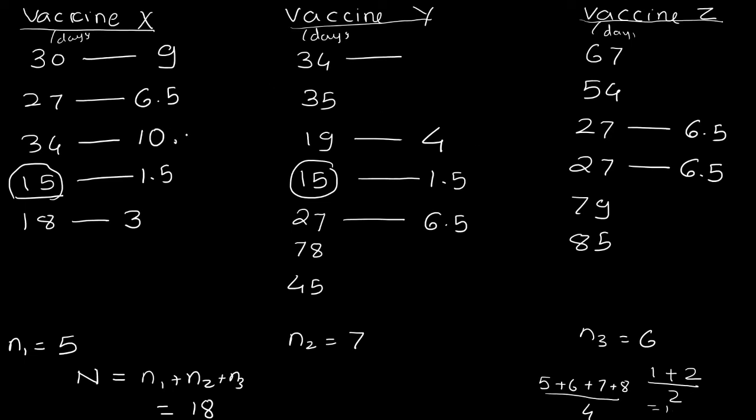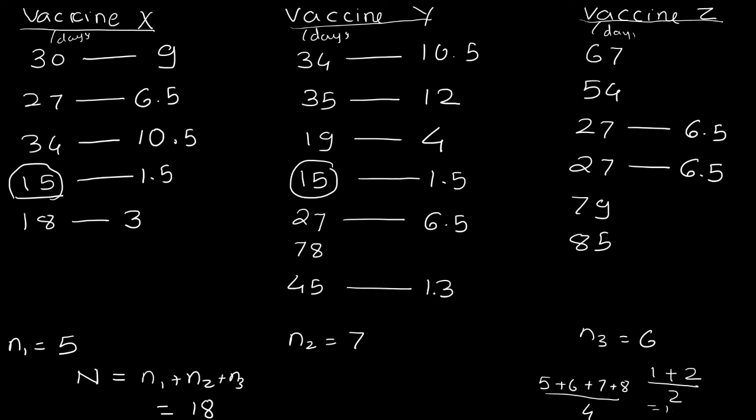So 10.5 and 10.5 are the ranks for that. Now after 34 comes 35, and there is only one 35. That means ranks 10 and 11 are gone, so 35 will get the 12th rank. Now after 35, it is 45, so it will get the 13th rank.